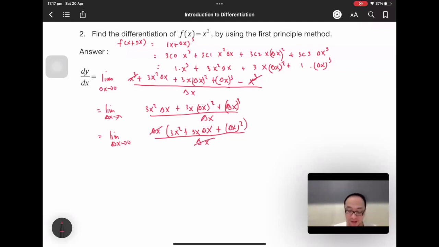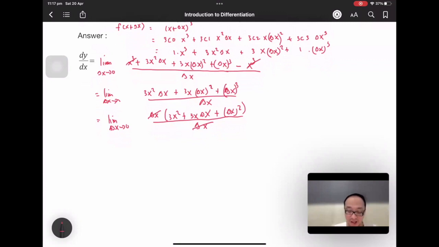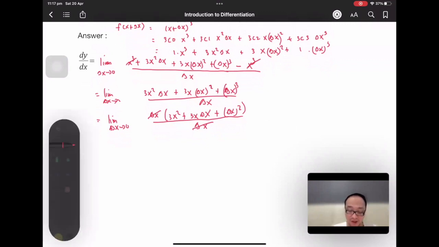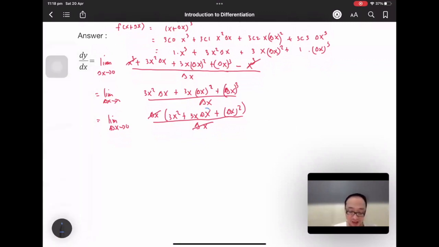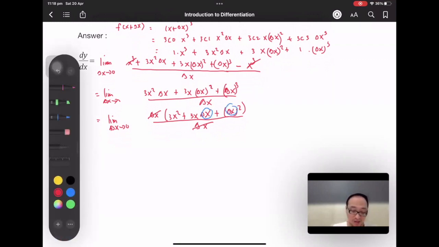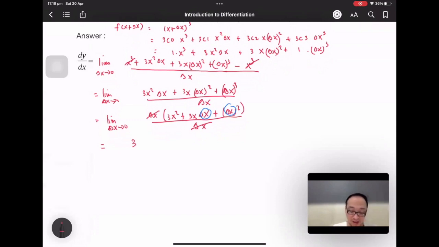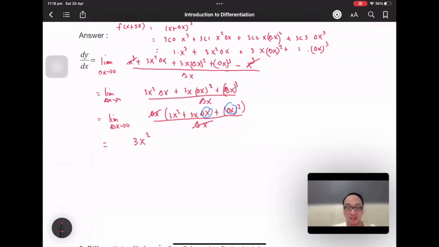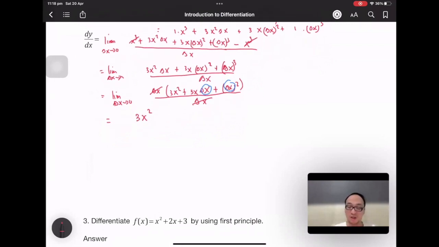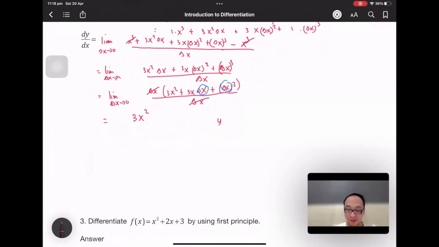So you can cancel this. And when you replace the value of delta x, this will be 0, this will be 0. So the remaining is 3x squared. So again, in here, we can find the pattern. If y equals x cubed, the first derivative of the curve is 3x squared from here.